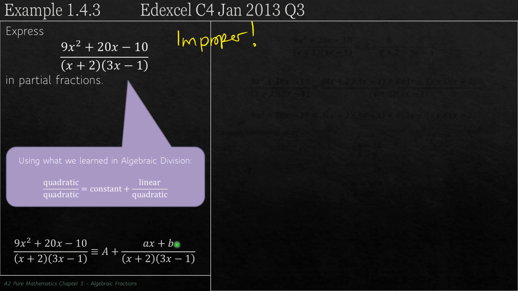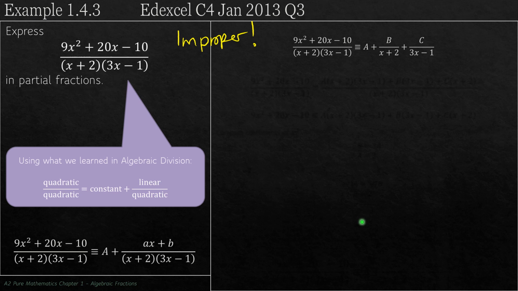It is a proper fraction, so that means we can now do that. Checking the denominator for repeated factors, but we don't have any, so that means our fraction that we started with is going to be a constant term, don't forget this constant term, plus something over x plus 2 plus something over 3x take 1. I've used capital A, capital B, capital C for my unknown constants.